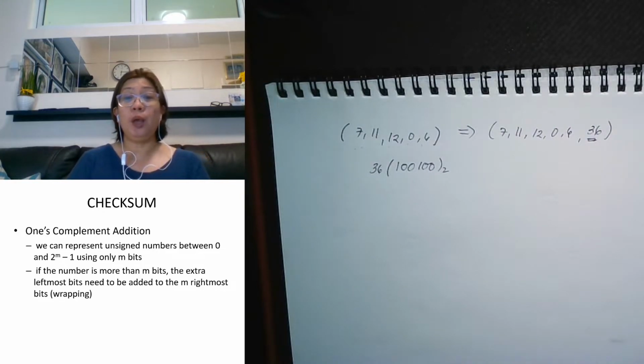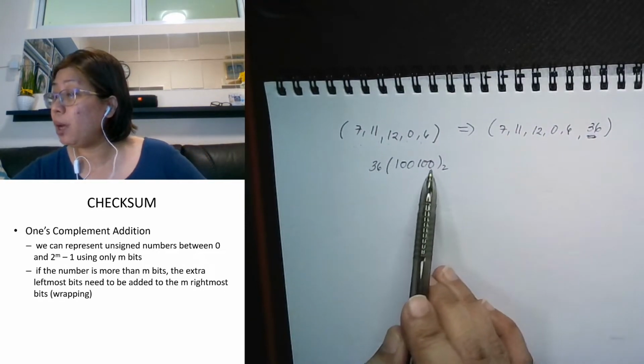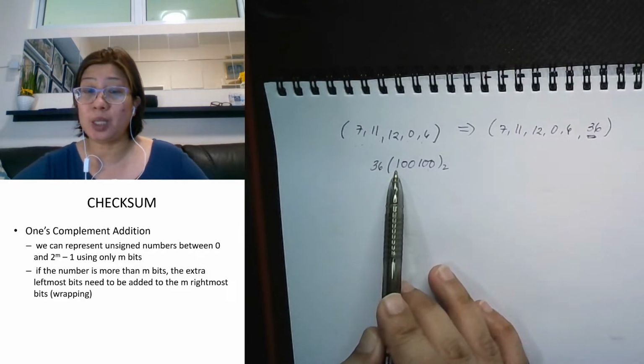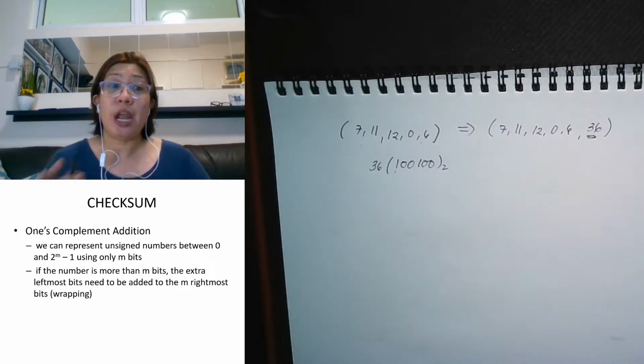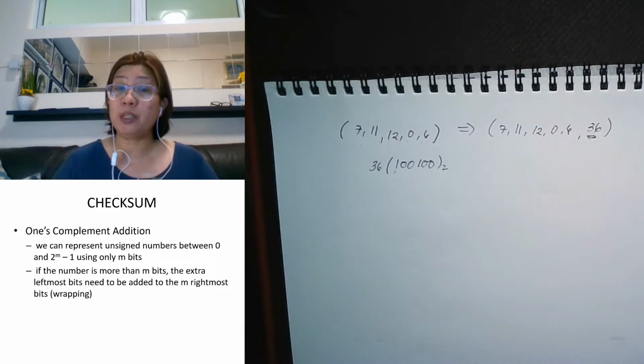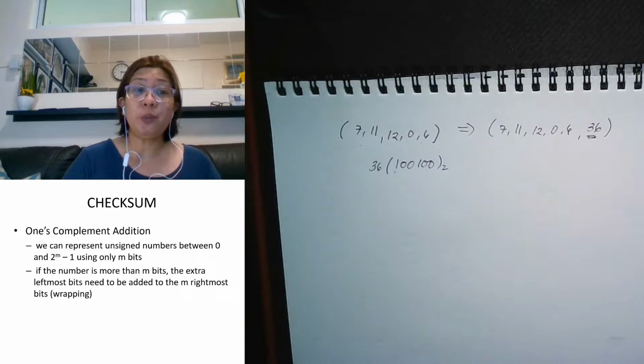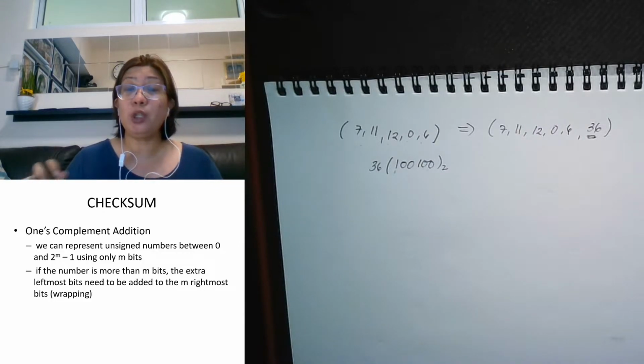That is 1, 2, 3, 4, 5, 6, so this is 6 bits. If the number is more than the m bits, in our example 4 bits, the extra leftmost bits need to be added to the m rightmost bits. So we have 2 extra leftmost bits.